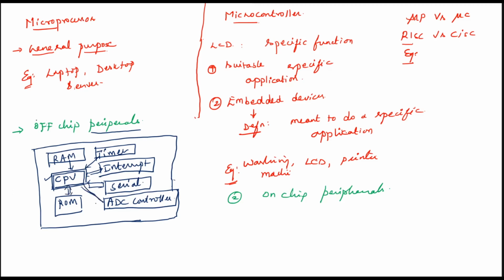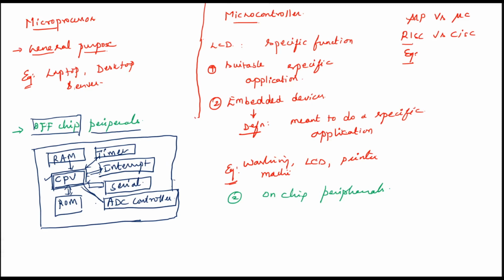That's why I have put the word off chip peripheral devices. It won't be in the chip. So when Intel is giving the processor, it will be only the processor part alone. The remaining things have to be externally interfaced with peripherals. We are making use of it. Don't think we need to do it, but it has been built already. So this is a microprocessor.